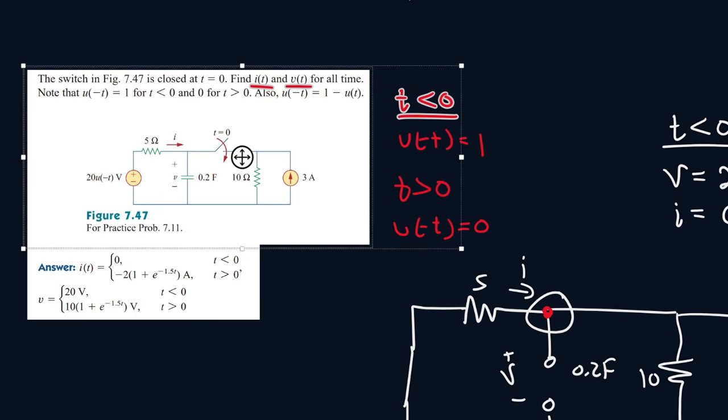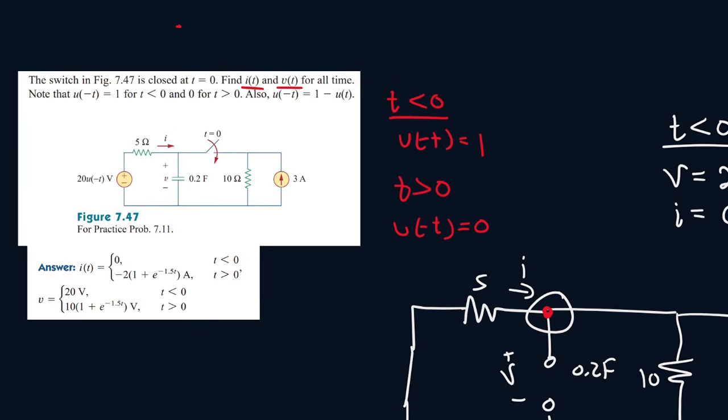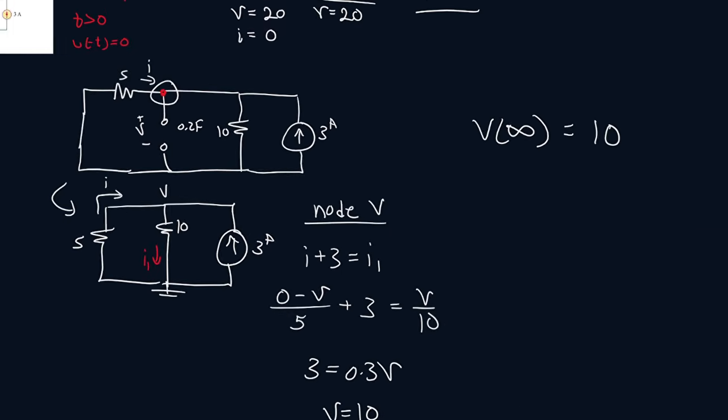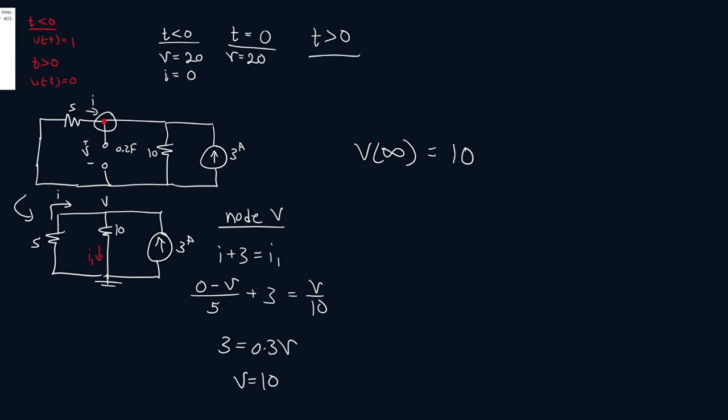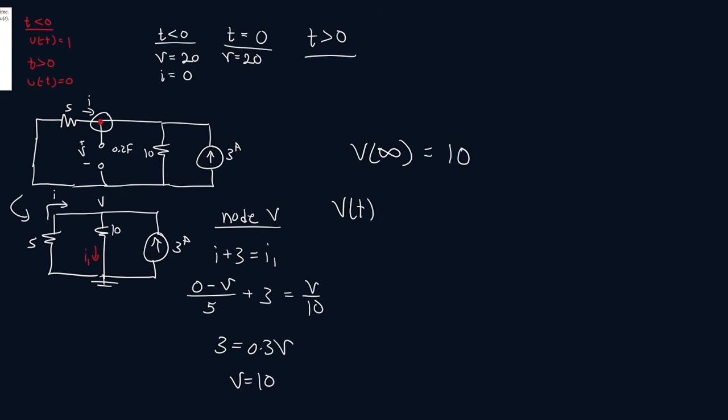We see when the switch was closed, there was this source here, and when it was open, there was this source here. So we will have to use the following formula. V(t) will be equal to V infinite plus (V0 minus V infinite) times e to the power of minus t over the time constant.